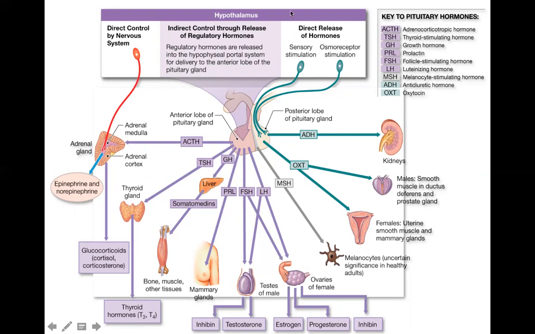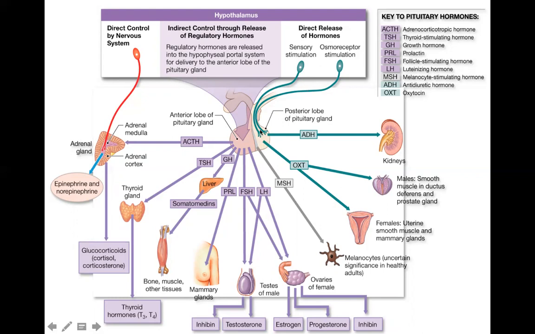Another mechanism of the hypothalamus is that it directly releases hormones. From the hypothalamus, after it releases those hormones, they will go to the posterior pituitary gland, particularly the pars nervosa, wherein they will be stored and released when the need arises.